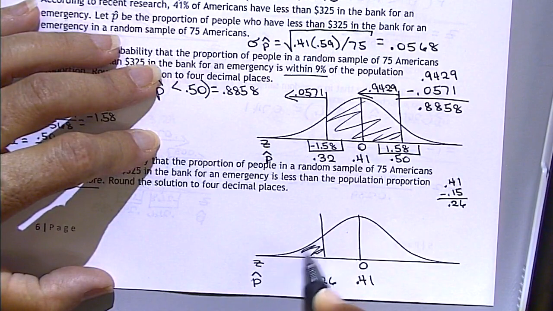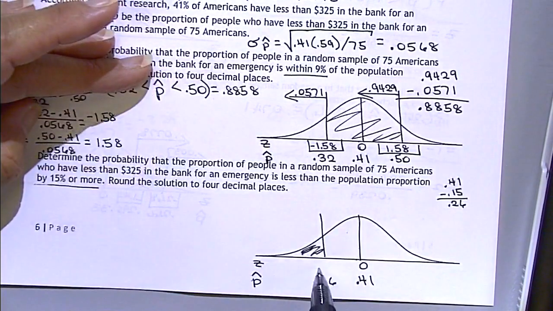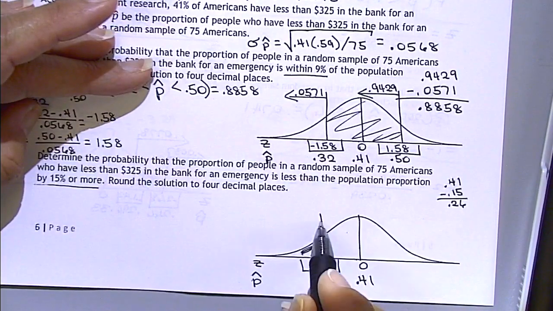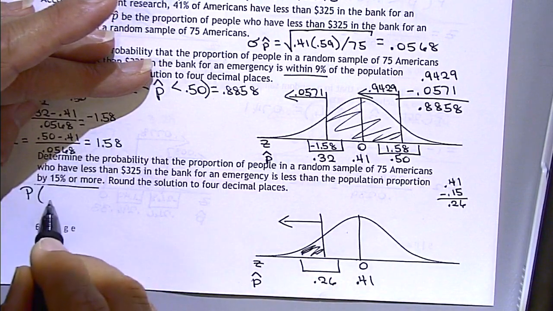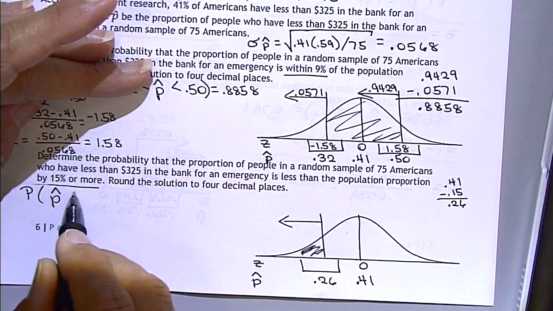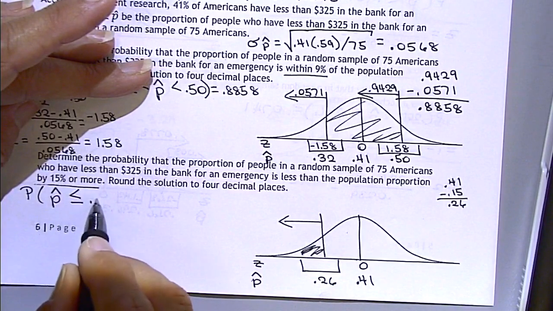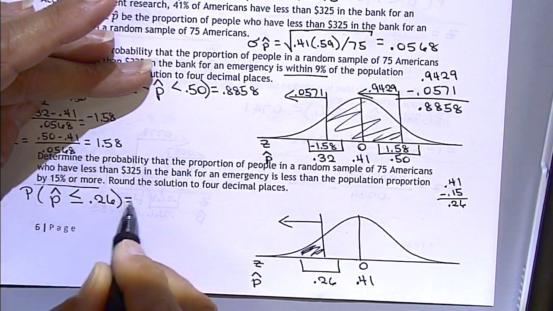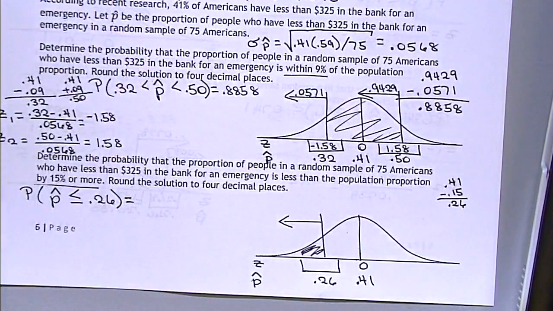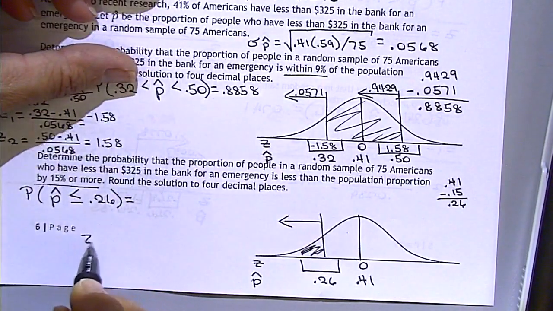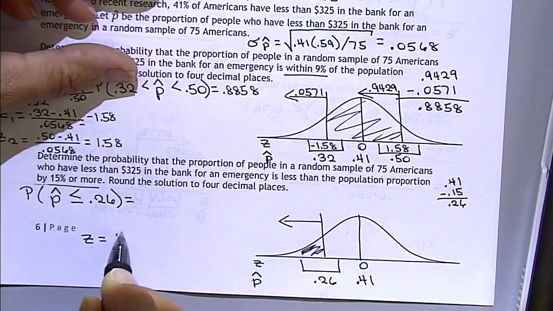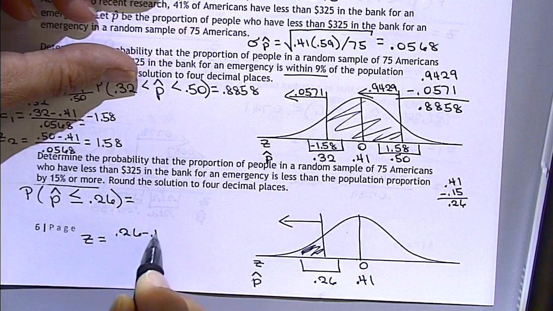So this number I'm interested in is 0.26. And I'm interested in less than or equal to it, right? So I'm going to write my statement. Probability that p hat is less than or equal to 0.26, and then I just have to calculate Z. Well, here's Z. 0.26 minus 0.41.